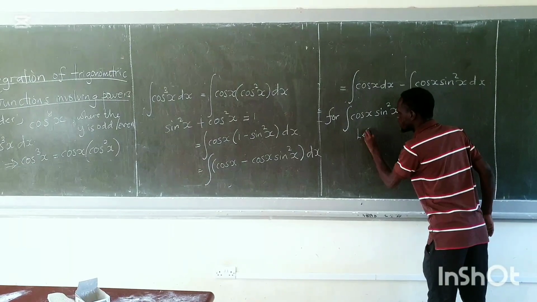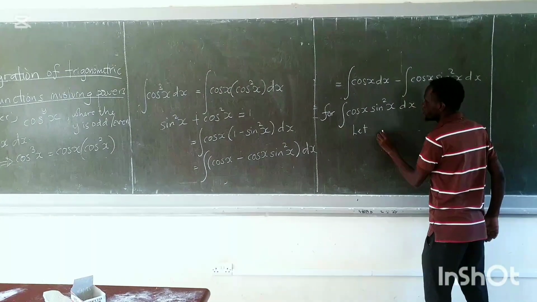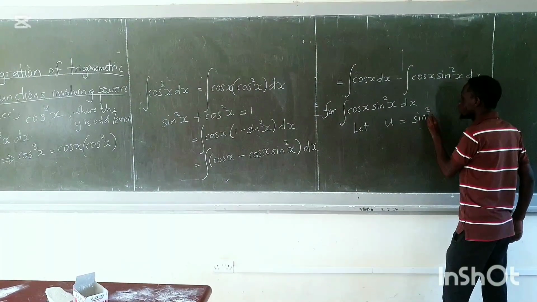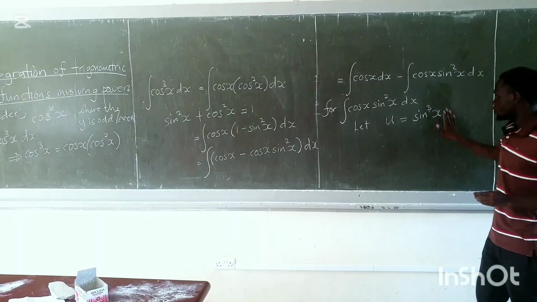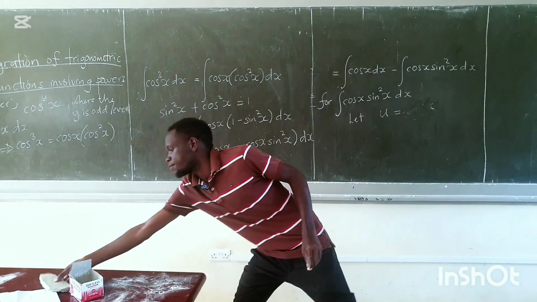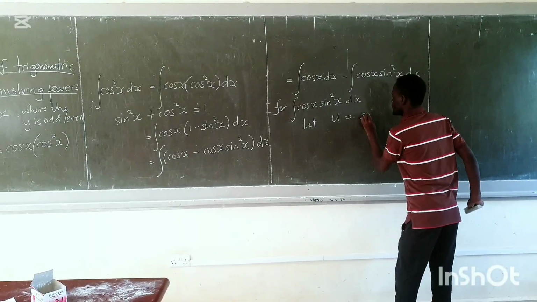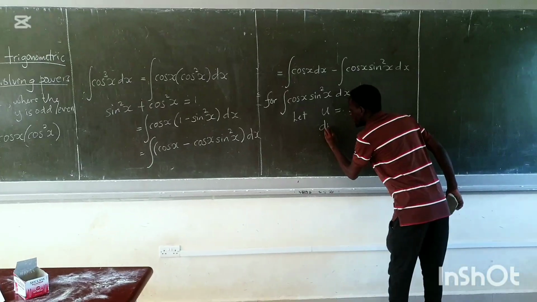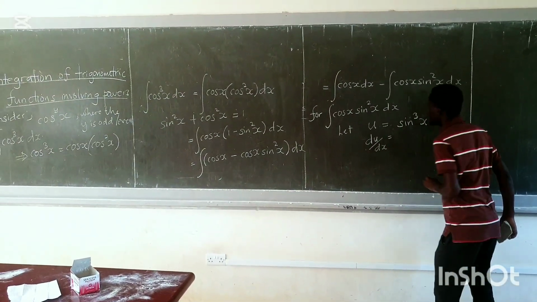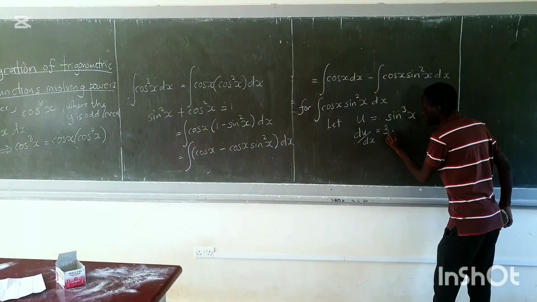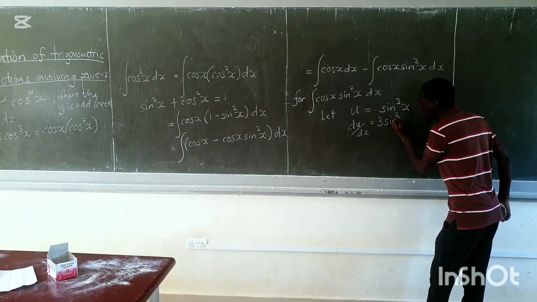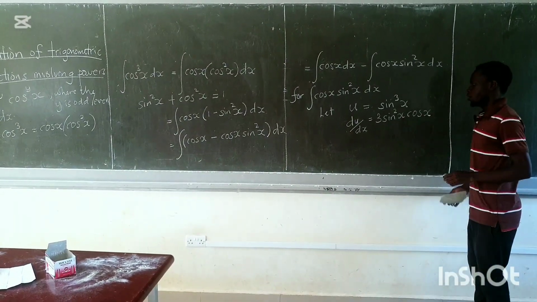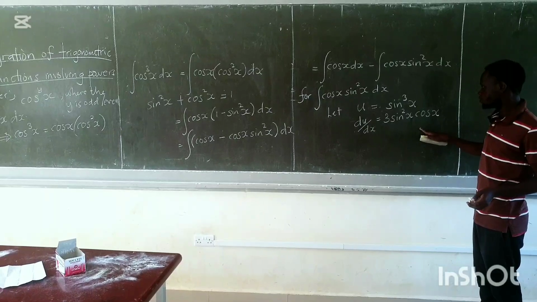So we can let u equal sin^3 x. If we differentiate both sides, we get du/dx is equal to 3 sin^2 x cos x. Using your knowledge of differentiation, we get this.